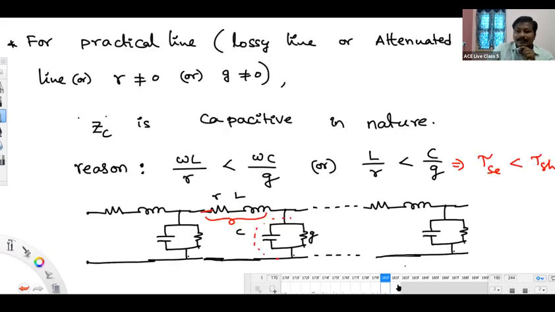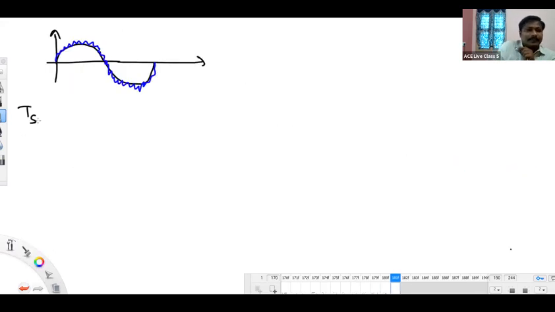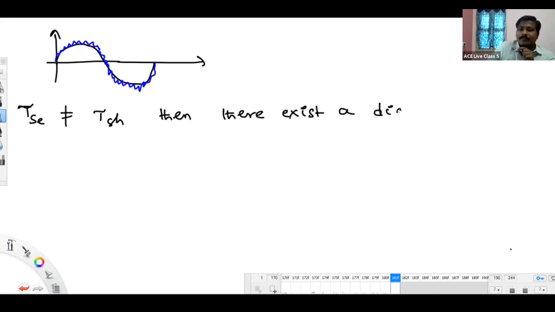So if the series branch time constant is not equal to the shunt branch time constant, then there exists a distortion in the wave propagation. Wave in the sense of sinusoidal wave.